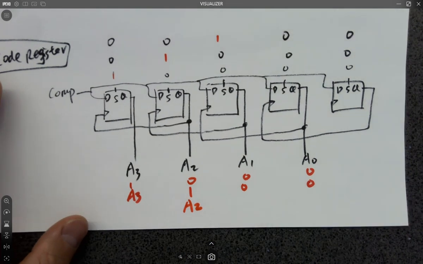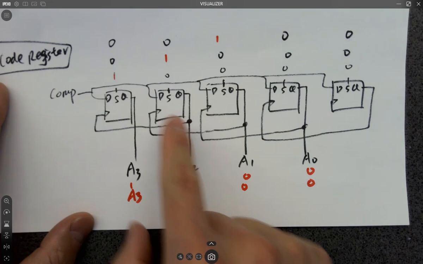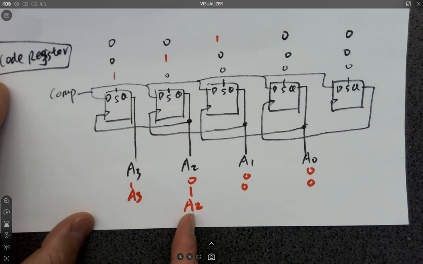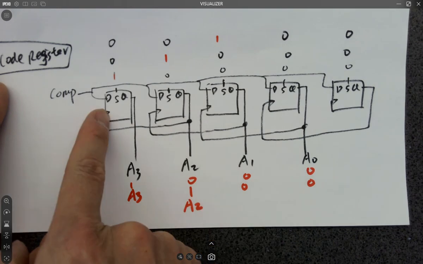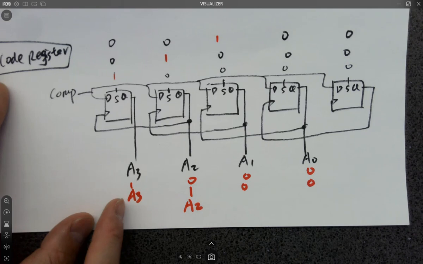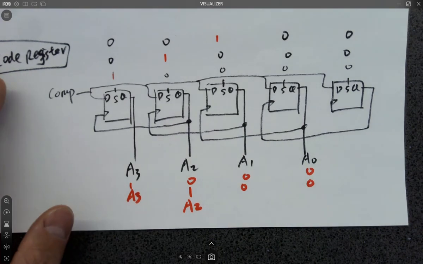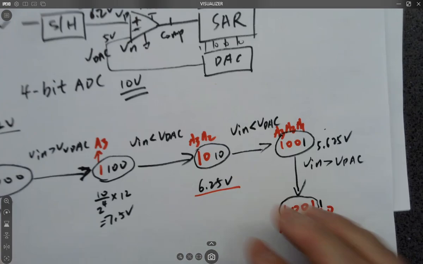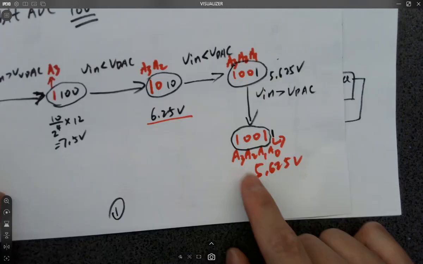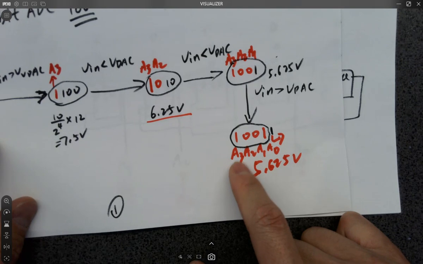Okay? So my question for you guys is, what if this A2 is a 1? Are you giving a rising edge to this one and then converting this back to A2 instead of A3? However, if you look at the structure here, we do expect A3 to remain at MSB.